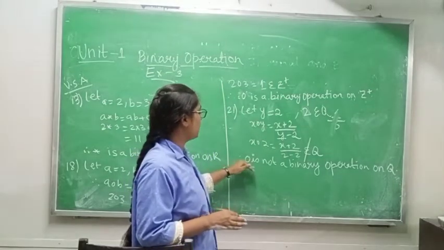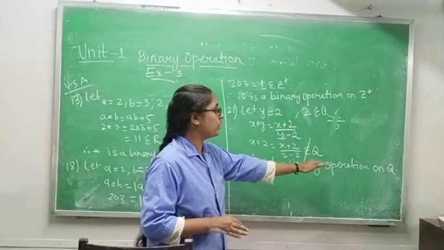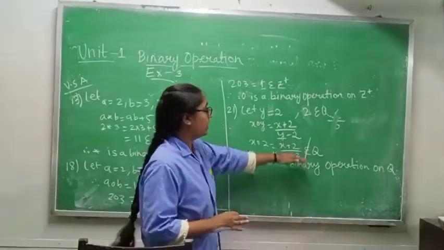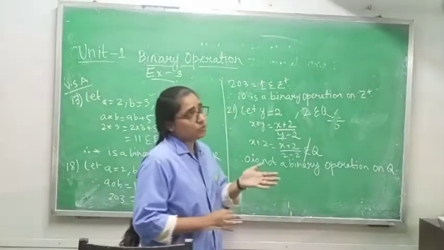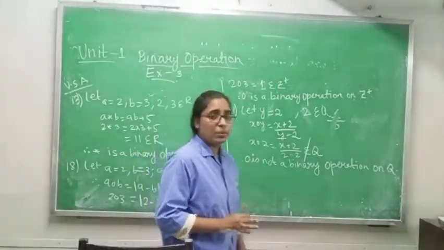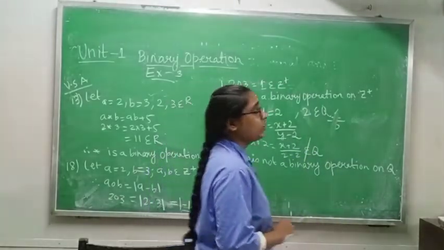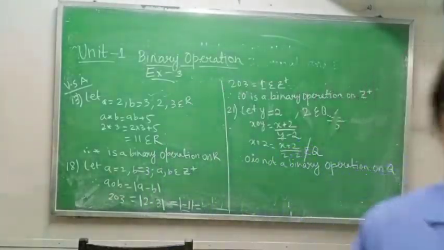So what you will write: therefore circle is not a binary operation on Q. Why? Because when you take y value 2, it is undefined and it does not belong to the rational numbers.